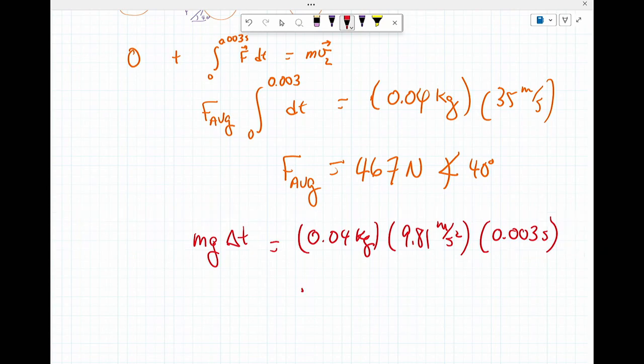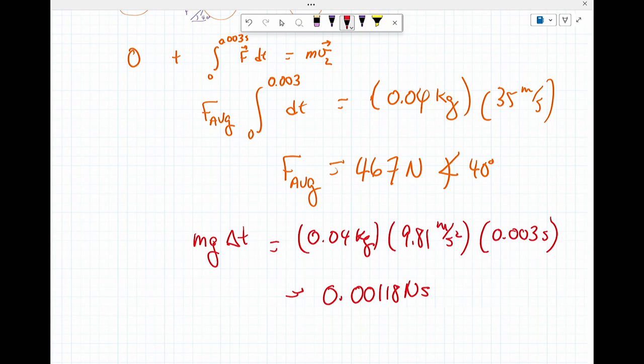And if you do that, you'll find that the contribution of the weight is 0.0018 or 118 Newton seconds. So if you add that into the impulse delivered over that time, it's a relatively small component and it doesn't change your significant figures.